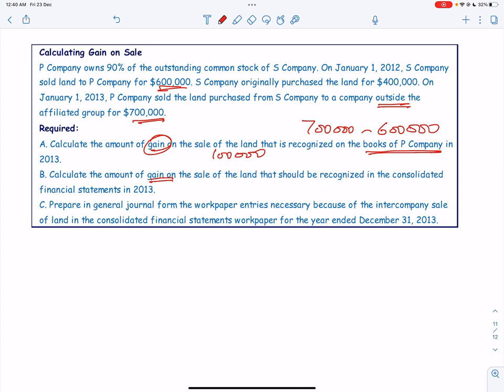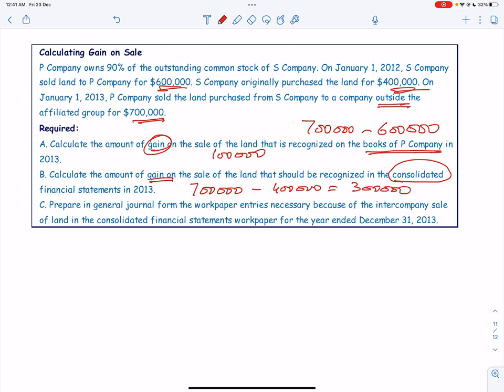Then calculate the amount of gain on the sale of the land that should be recognized in the consolidated financial statement. So in the case of consolidated financial statement, the sale to the outsiders is 700,000 and the cost to the affiliated group is 400,000 and not 600,000. So the gain is 300,000.